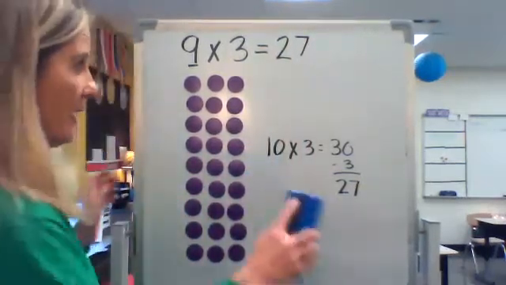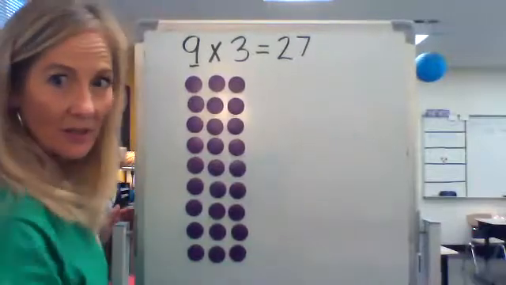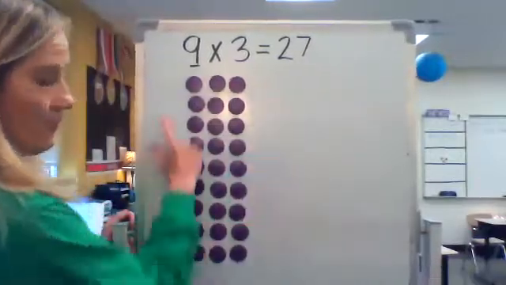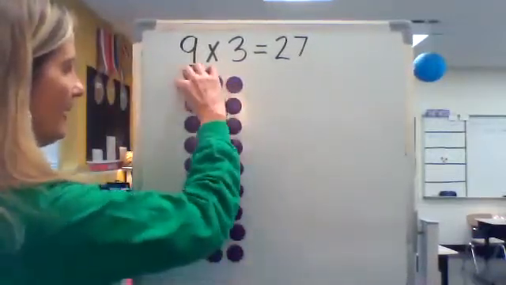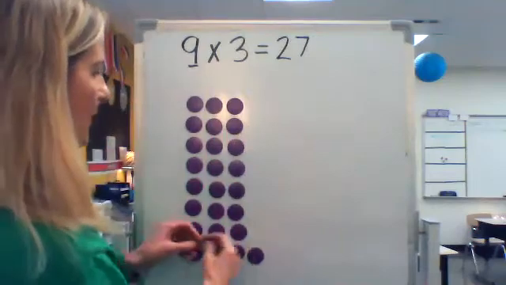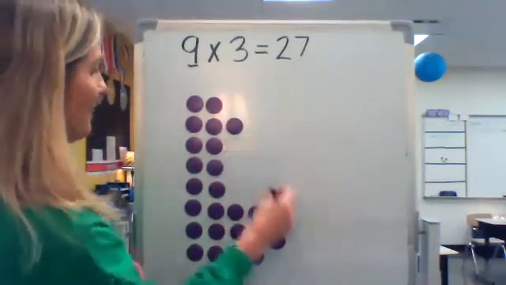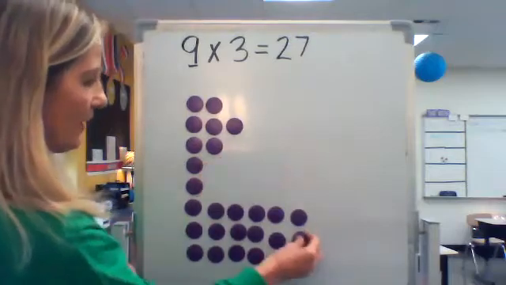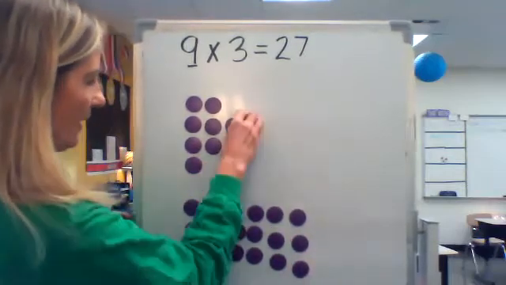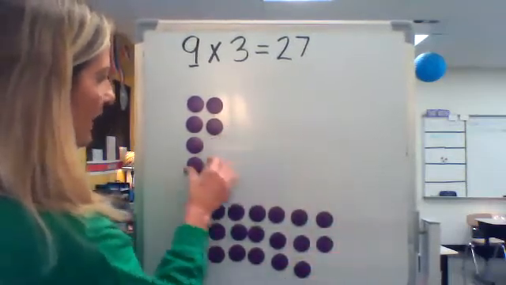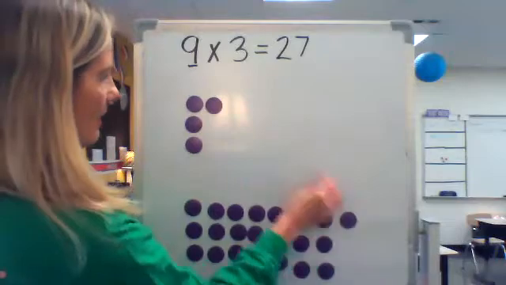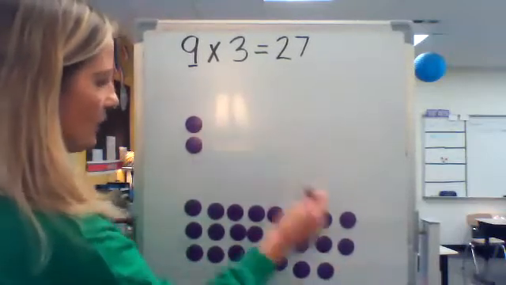Now, what is another multiplication equation that would also work with this amount of magnets? This time, let's have 3 groups, and then we'll see how many are going to be in each group. I bet you already know before I can even put these on here. I'm going to have 3 groups, and then I'll look to see how many are in each group.